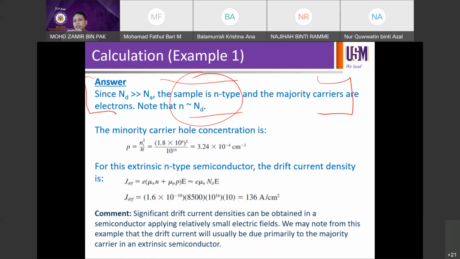How near? How do you determine if the question stretches a little bit more? How do you determine how near it is? Is it far away, even though it's relative? Is it very near or not so near? That will be dependent on your doping level, right? So remember last time we talked about the concept of degeneracy.